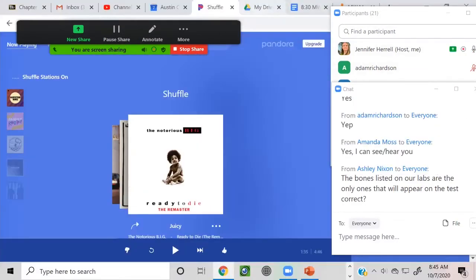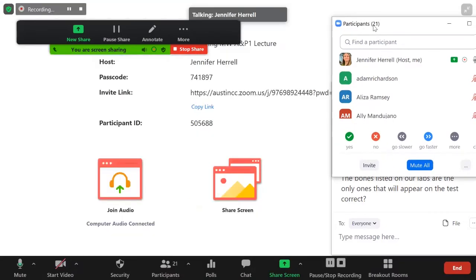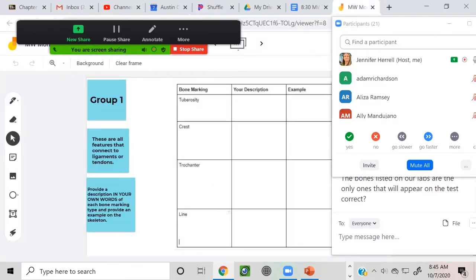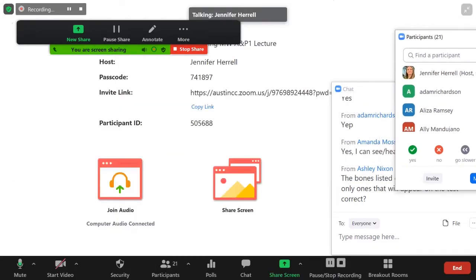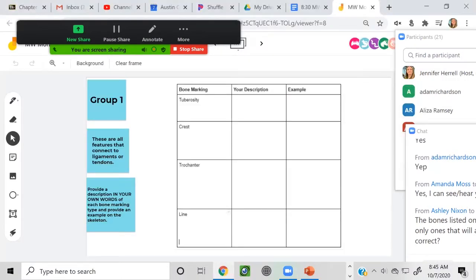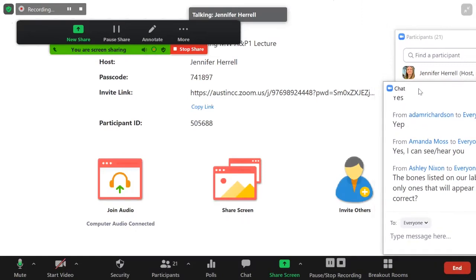Let's see, where did I put it? Right here. There we go. Let me scooch this over. All right, so this is the Jamboard. Can you see the Jamboard on my screen?